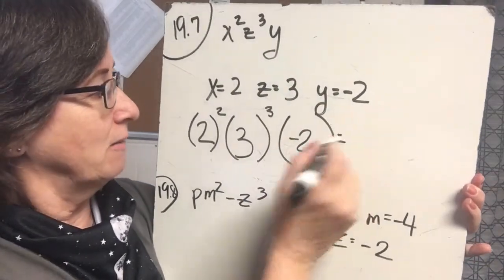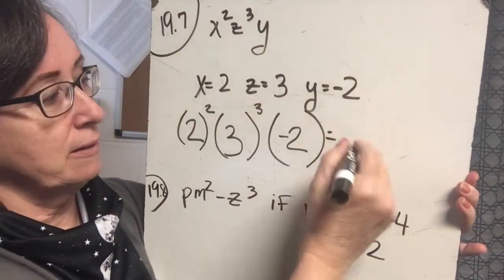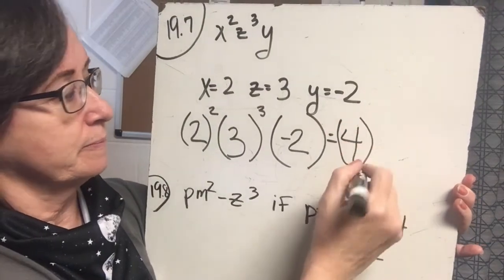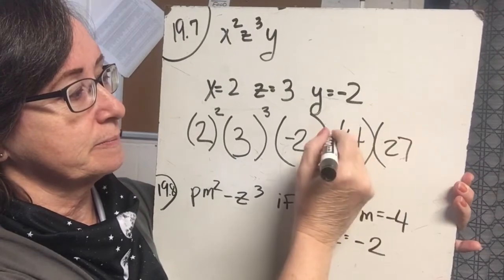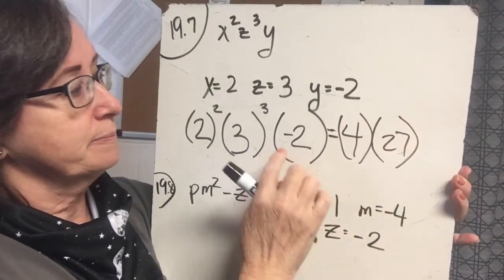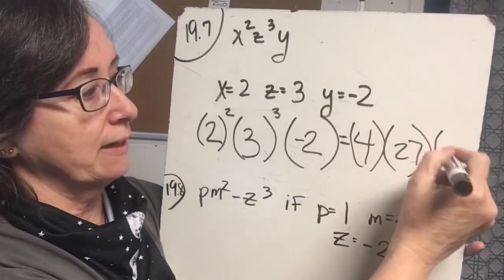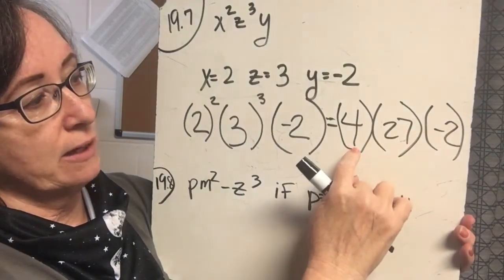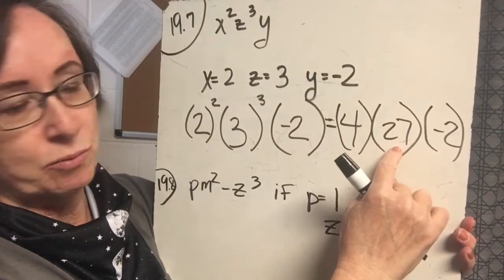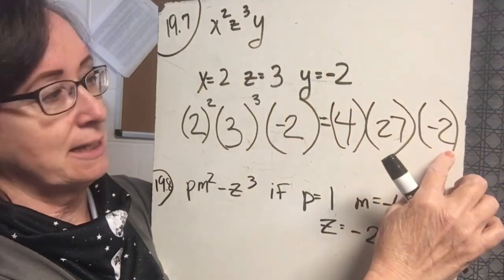Okay, so now we've got 2 squared is 4. 3 cubed is 27. Negative 2 is just negative 2. It's not raised to a power, is it? So now we've got 4 times 27 times a negative 2.